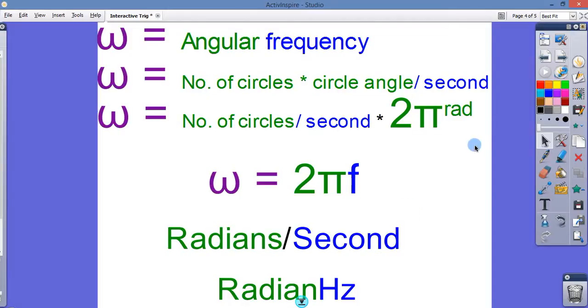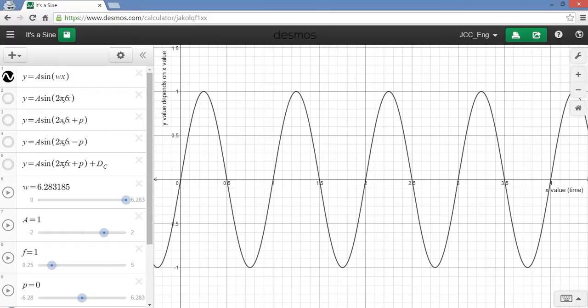And maybe we'll get there's a fantastic graphing tool called Desmos. It's a brilliant graphing calculator. Here I've got a sine wave, and I mentioned the equation for sine waves, very similar to the one for cos waves.